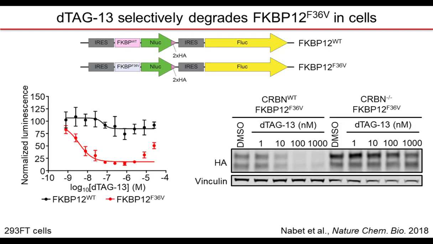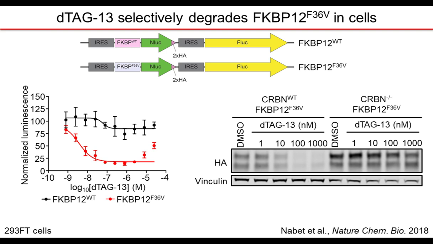Now, skipping over some of the biochemical data that I mentioned that you can find in my manuscript, what we set up initially was a dual luciferase assay to identify small molecules that actually penetrate the cells and could lead to degradation selectively of an FKBP12 F36V fusion protein.